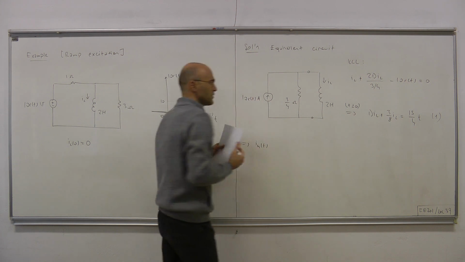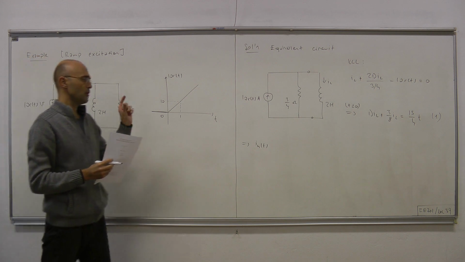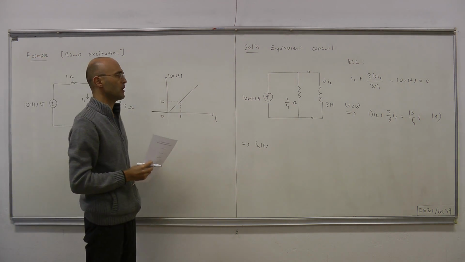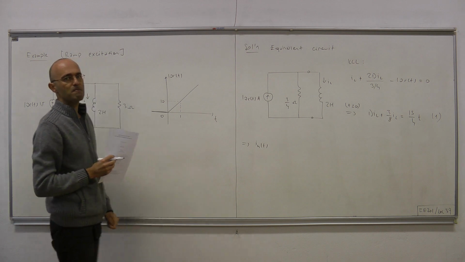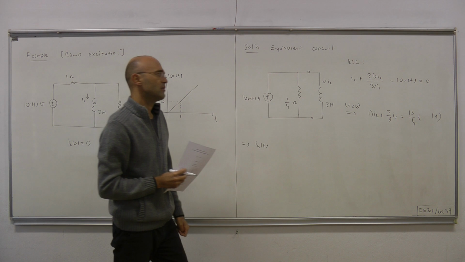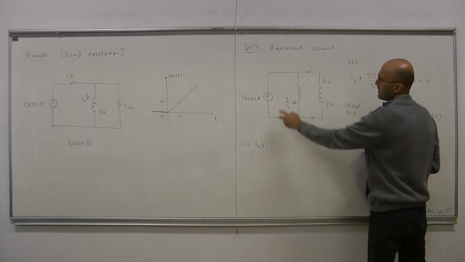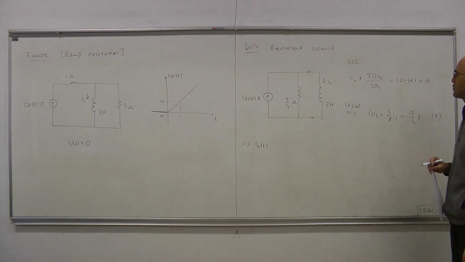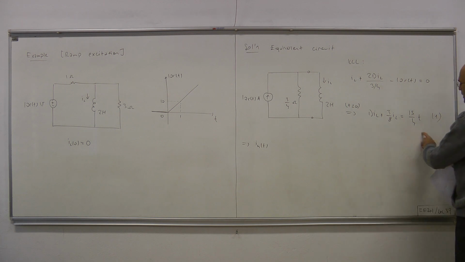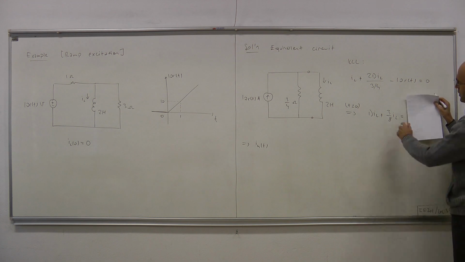Now, since that's a non-homogeneous differential equation, the approach is such that we figure out the homogeneous solution, we figure out the particular solution, and we combine those two pieces. The homogeneous solution has nothing to do with the input. You can always find the homogeneous solution by killing the input or the inputs in the circuit, and that would correspond to removing the right-hand side, so that this equals 0.